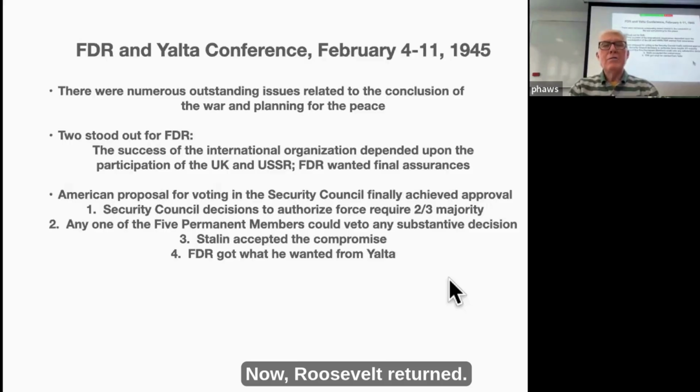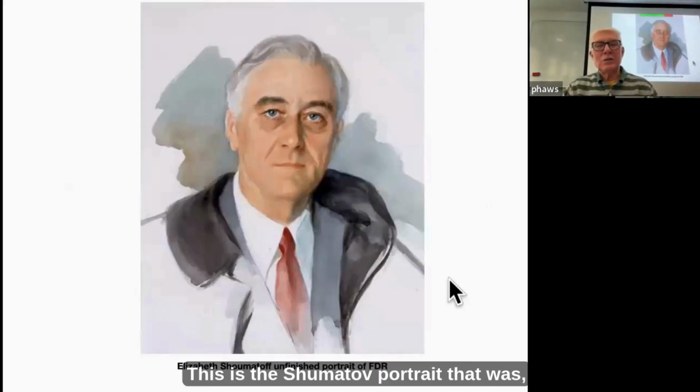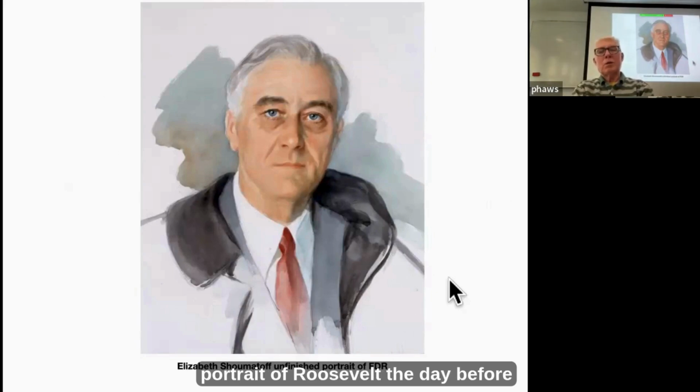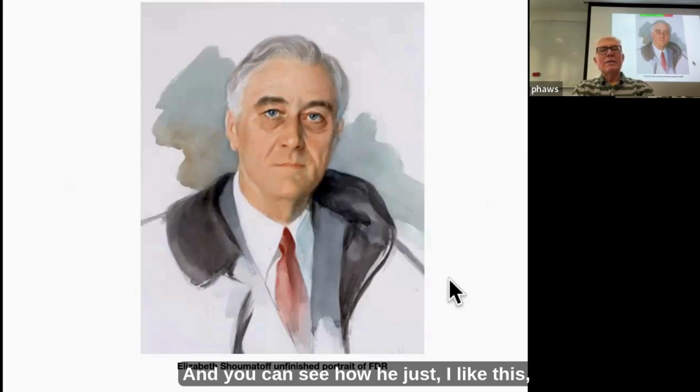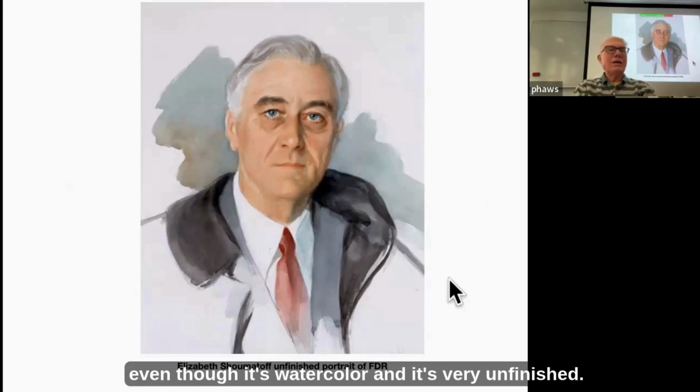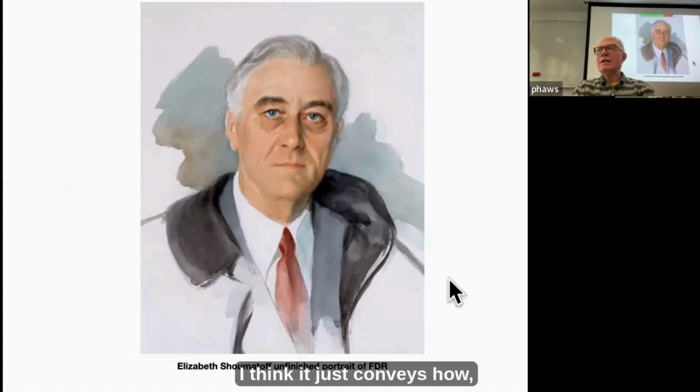Now, Roosevelt returned. This is the Shumatov portrait. Elizabeth Shumatov was working on a portrait of Roosevelt the day before he died in April of 1945. And you can see, I like this, even though it's a watercolor and it's very unfinished. I think it just conveys how I don't know how he lived this long.